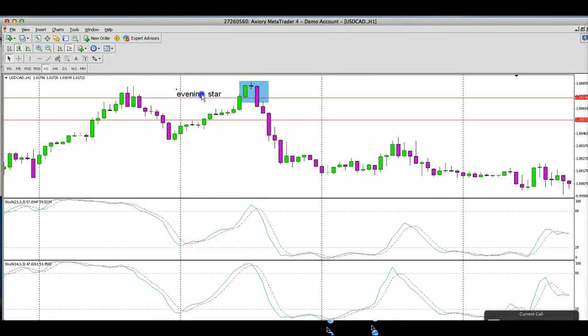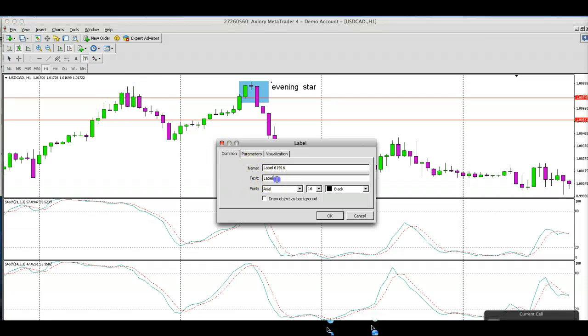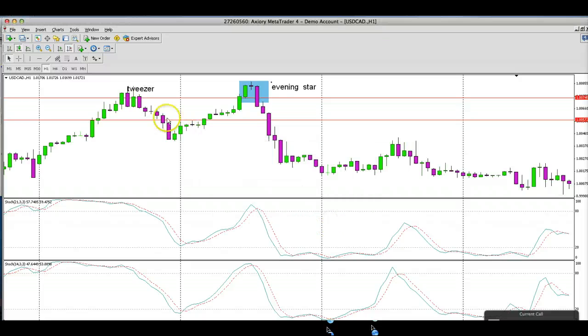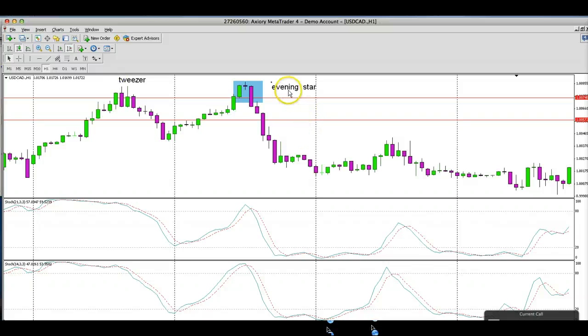Then we have tweezer tops, where the wicks are equal in length. Okay, see how the market went up, and then we had 2 wicks side by side. You notice that? Those are tweezer tops. So you have tweezer bottoms and tweezer tops. Evening star, tweezer tops or bottoms, and we have the kangaroo tail, right?